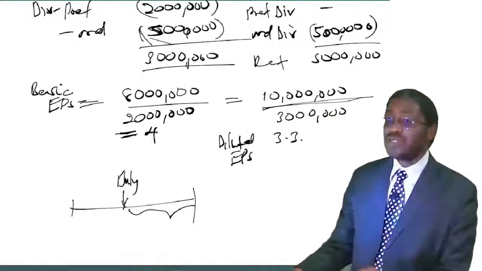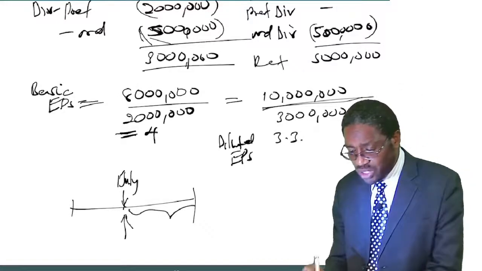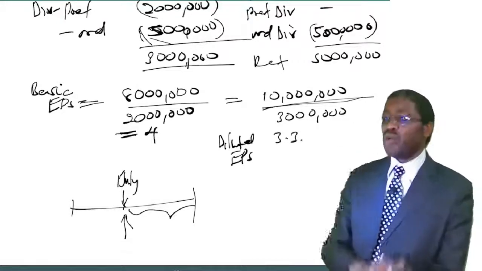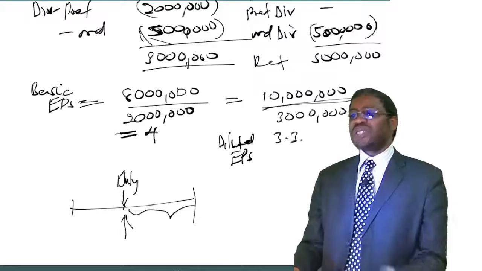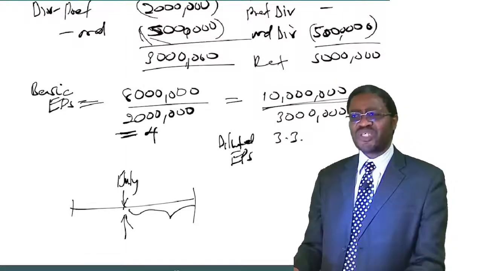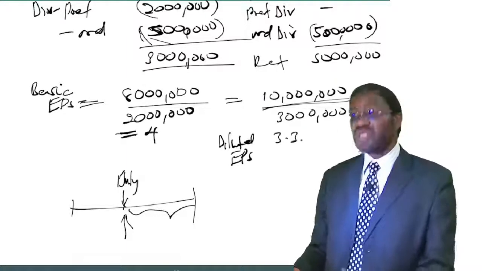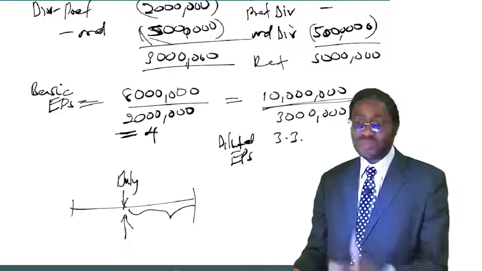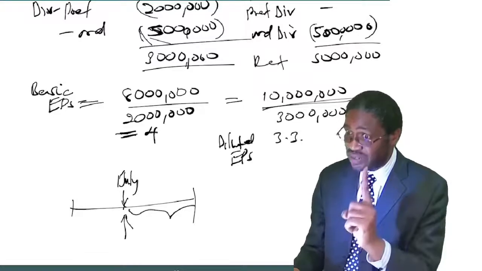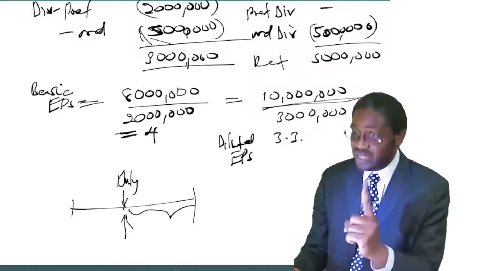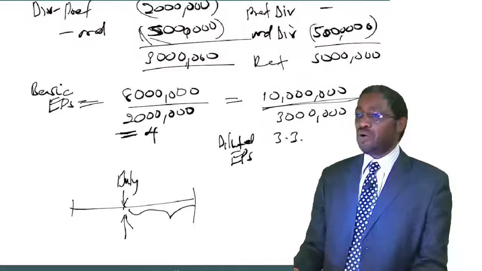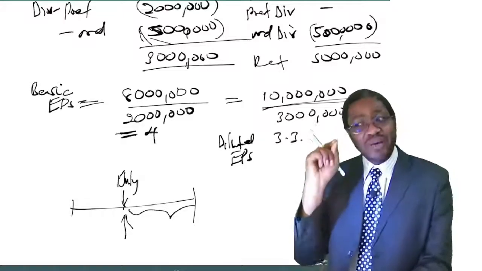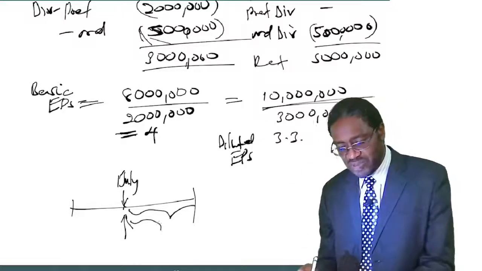Then, again, on 1st of July, when we were issuing the preference, we had promised them that if they want to convert the preference shares into ordinary in future, we shall give them 1 million shares. Again, if they had converted on 1st of July, they would have been our shareholder only for 6 months.